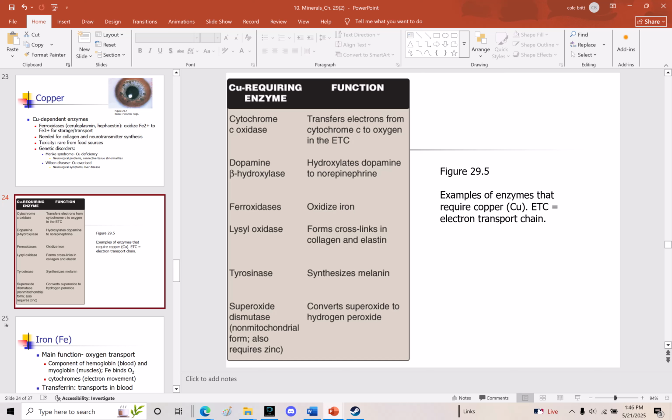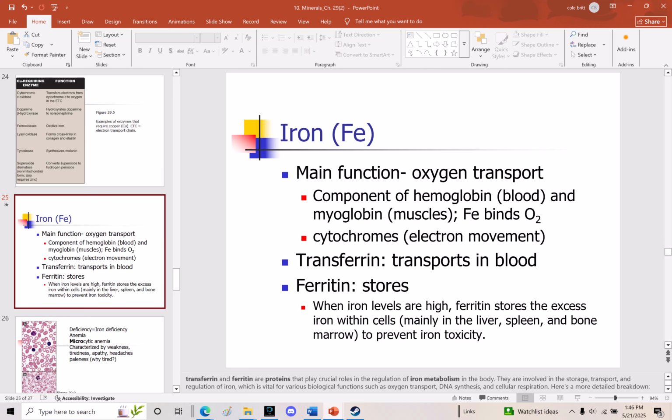But yes, peroxidases is the only enzyme name that you need to know. But it is showing you how these other enzymes, like for melanin, dopamine, norepinephrine, need it, but I won't ask you about those. All right, any questions about copper, function, deficiency, toxicity?